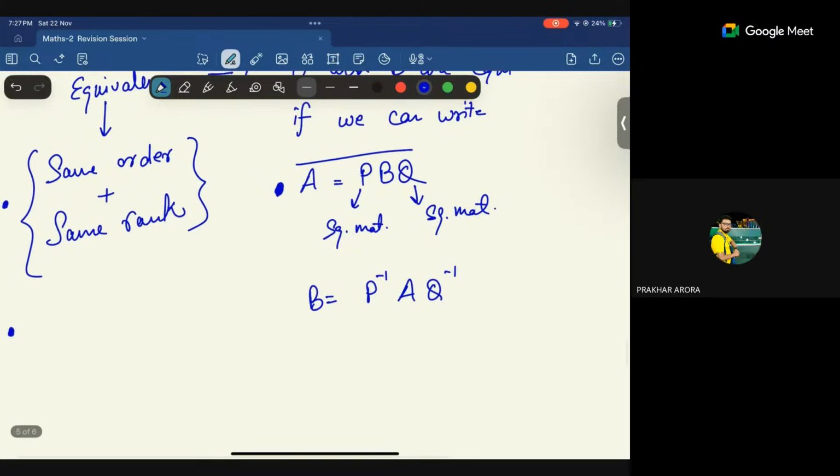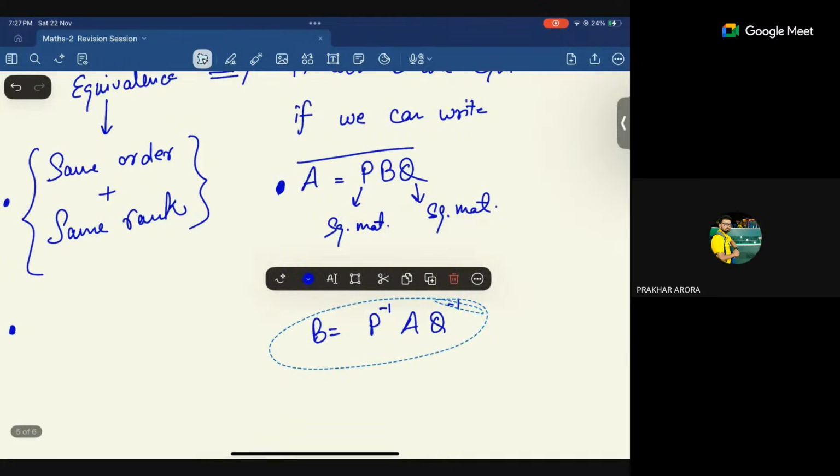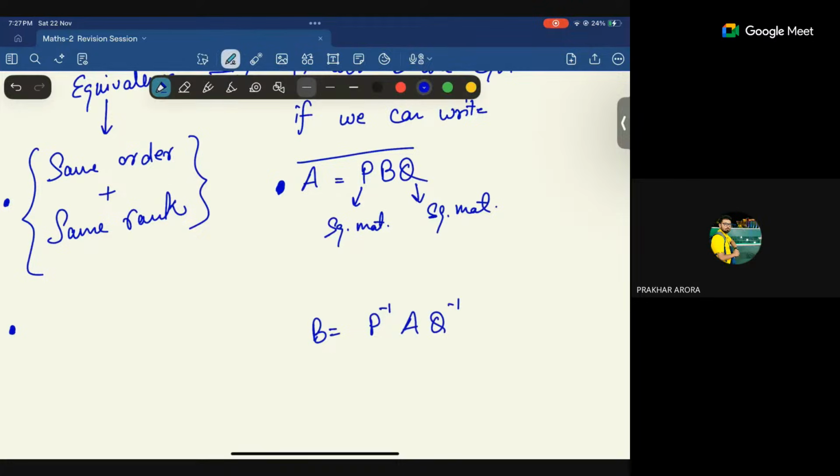And one thing which I nearly forgot is that P and Q are invertible square matrices.